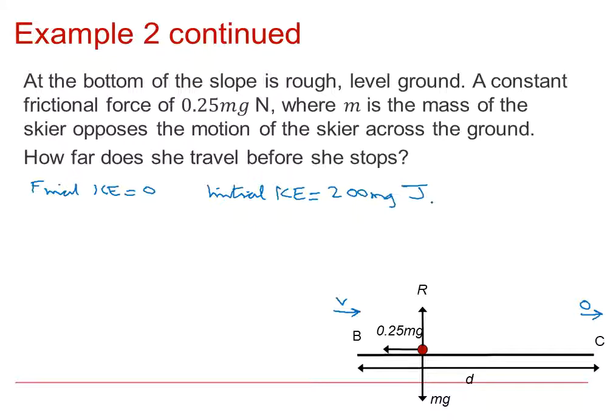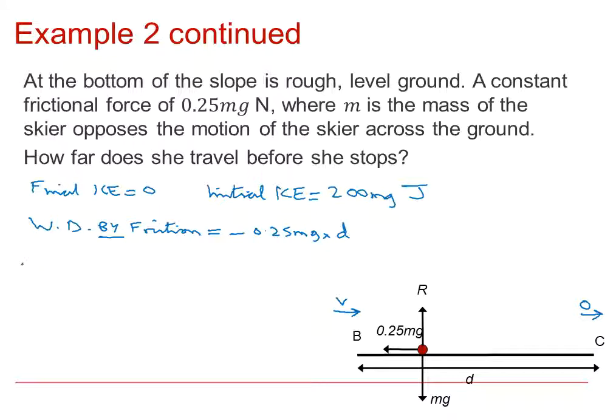So we've already calculated that, and we need to start thinking about the work done by friction. Work done by friction must be negative because friction always does negative work, so it's minus the frictional force, which is 0.25 mg, times the distance covered d.